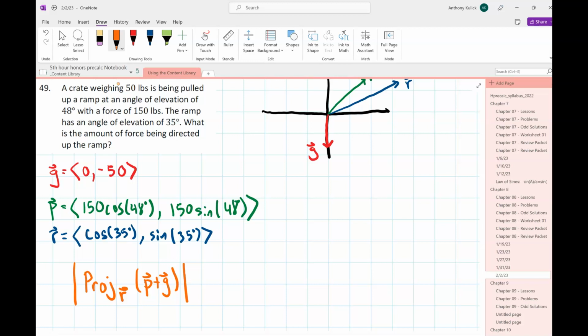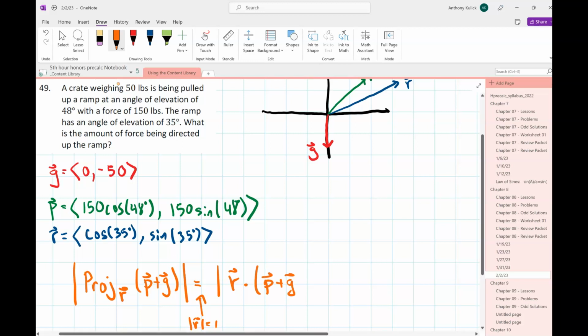They're going to interact in a summative fashion because that's what forces kind of do. The nice part about this is, though, since R is a unit vector, I can just turn this into the dot product of R with the vector P plus G, and just take the absolute value of that. Everybody's okay with that?